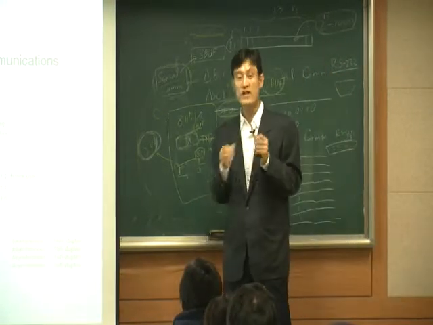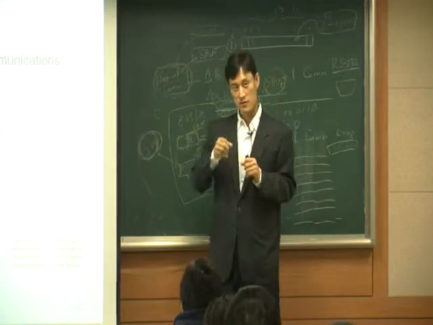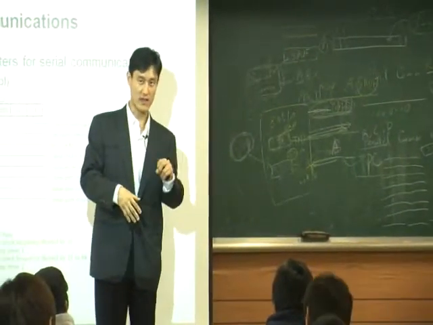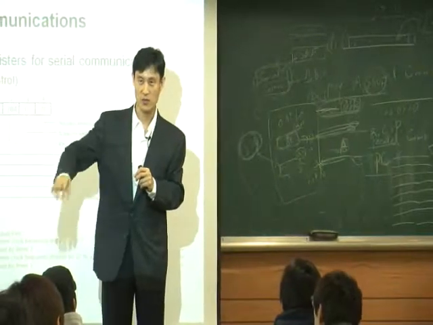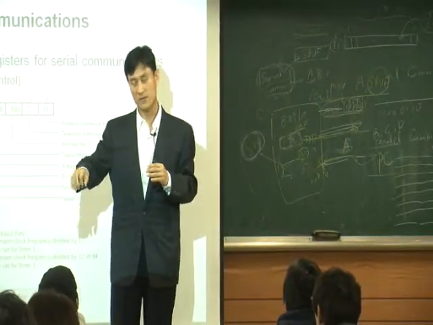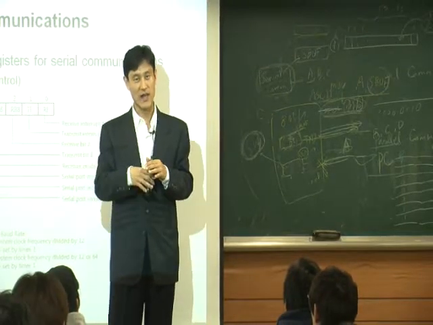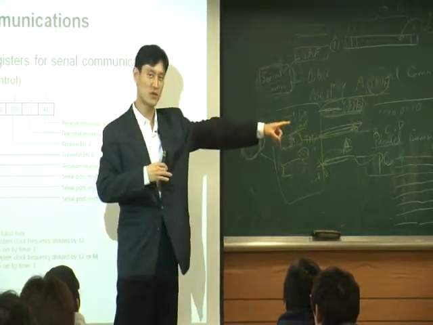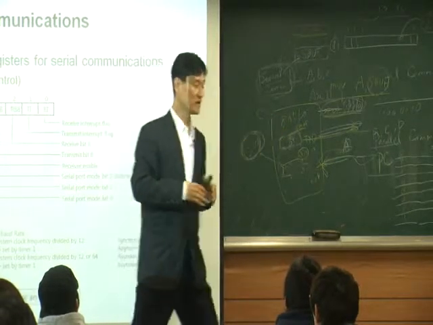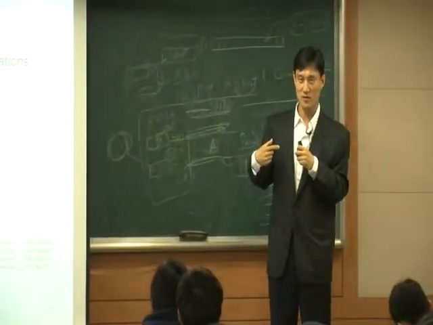Okay? And wait. Write A and wait. And hardware will take A and transmit A 1 bit by 1 bit. And after hardware finishes transmitting A, now the hardware gives the interrupt to the software. Okay, I finished my transmission of A.